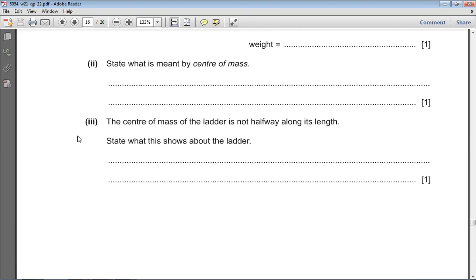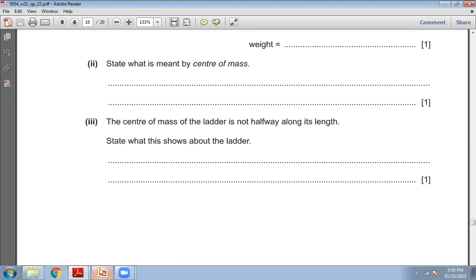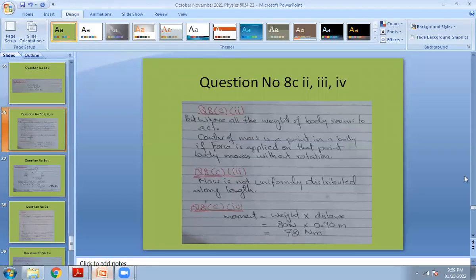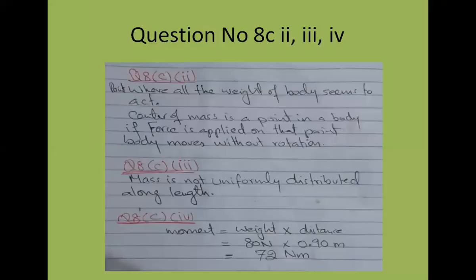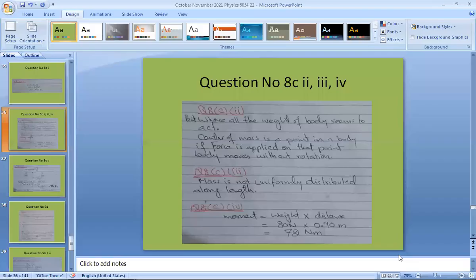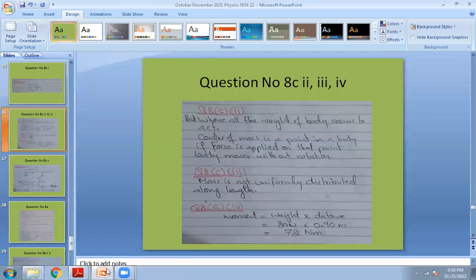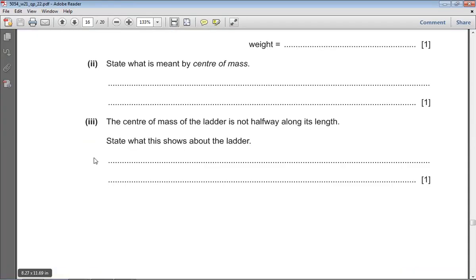At some point the ladder has more mass and on the other side it has less mass. So let me show you my written answer. It was a 1-mark question. It says: mass is not uniformly distributed along the length of the ladder. That is the answer. Let's go to the next part.